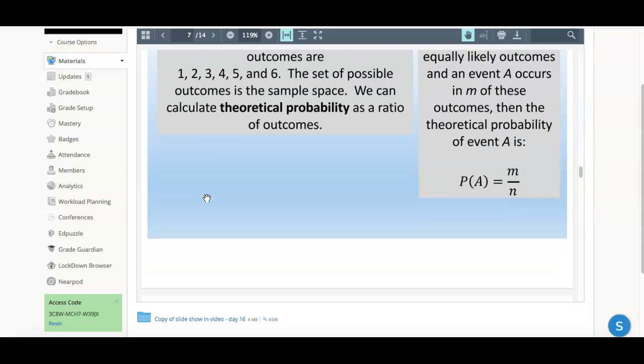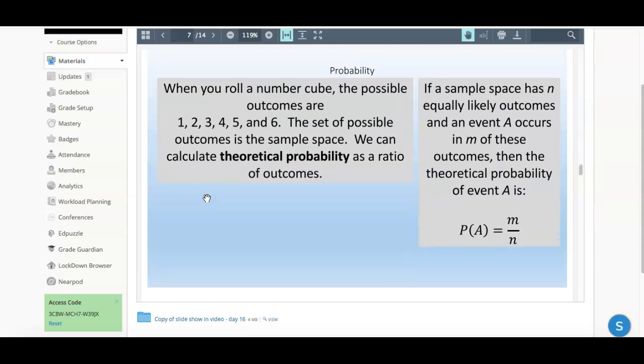There it is. Yeah. It's a ratio of outcomes. The outcomes of the event you're measuring goes on the top. All the total possible outcomes goes on the bottom. Again, it's always a ratio. It's a fraction.